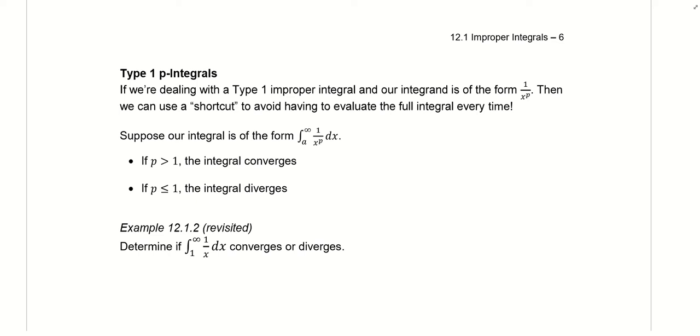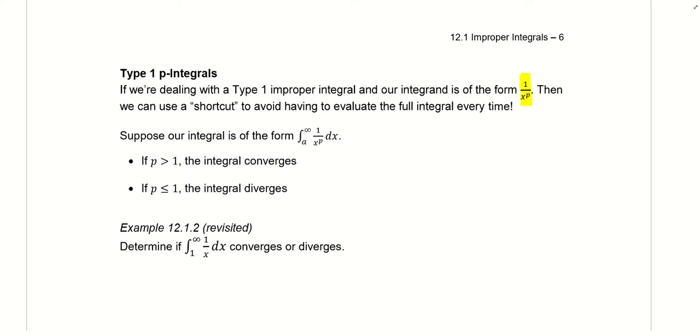So let's start with these things called type 1 p-integrals. So if we're dealing with a type 1 improper integral, and our integrand, the function we're integrating, is of this particular form, 1 over x to the p, then we can use a shortcut to avoid having to evaluate the full integral every single time.